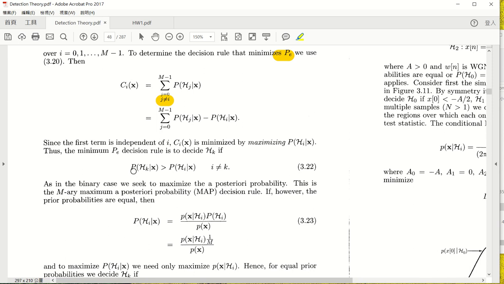So, as you can see in this equation, what we have been doing here is that you choose HK, and of course HK is among the multiple hypotheses, meaning that HK could be H1, it could be H2, it could be anything in the hypothesis. But the point is, how should we say now H3 is the best?